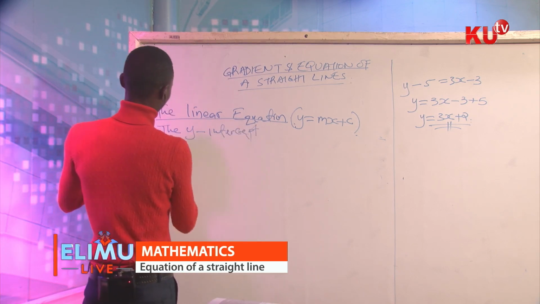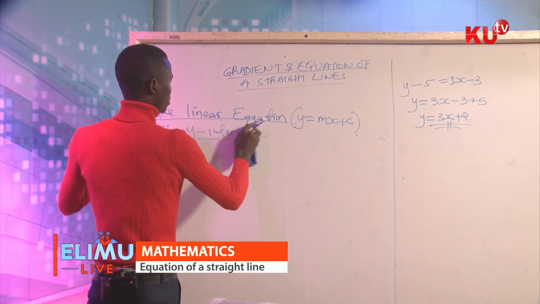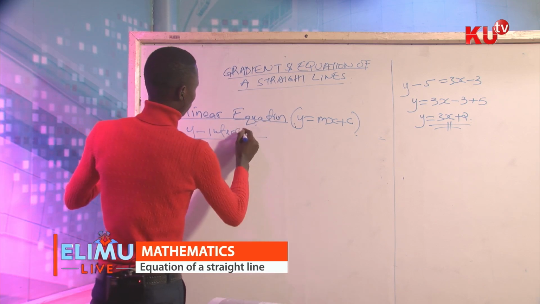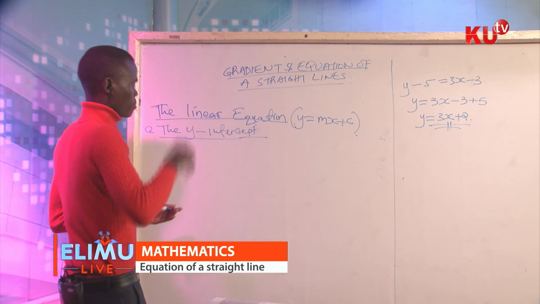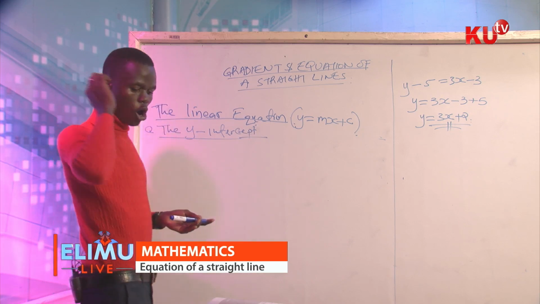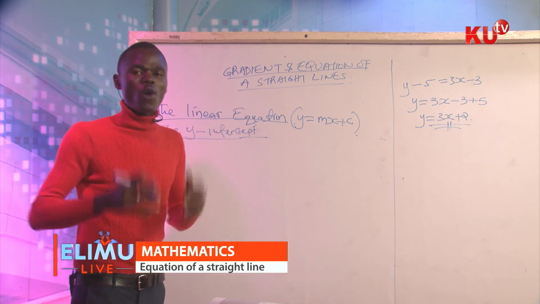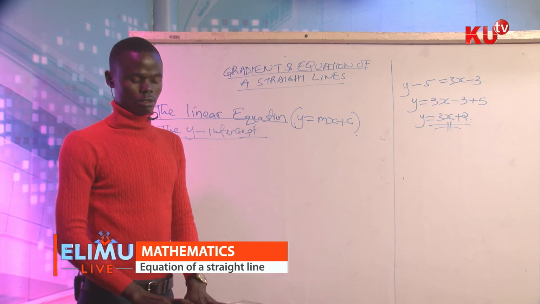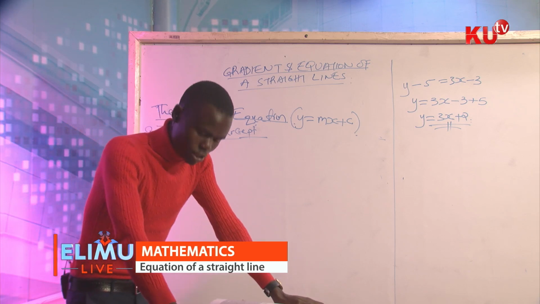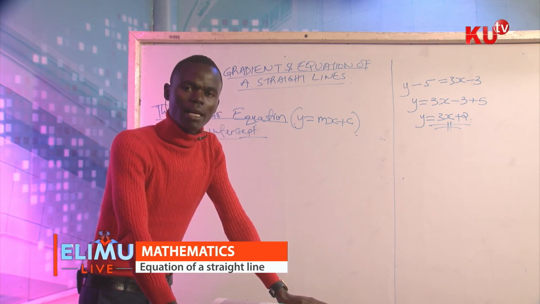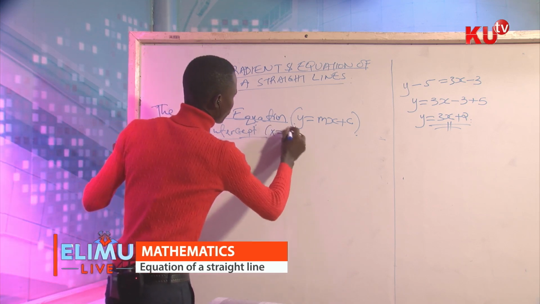As a student, I'm sure you have come across this question in an exam: find the y-intercept of the equation given. The first thing you need to understand is that y-intercept simply means x is 0. I will repeat, y-intercept simply means x is 0. So you can write it here, x equals 0.